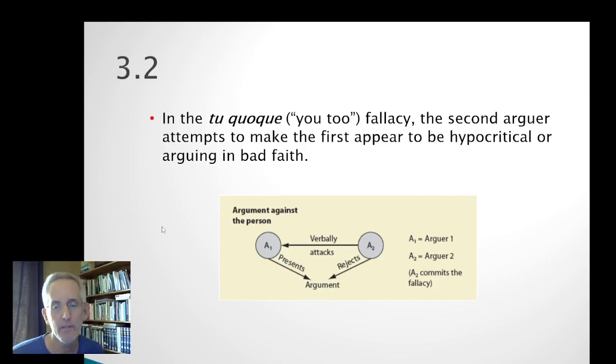So once again, it's a version of our previous examples. You're arguing against the person, but in this case, you're trying to show that the person you're arguing against is guilty of exactly the thing that they are arguing against, or are stating their argument for.